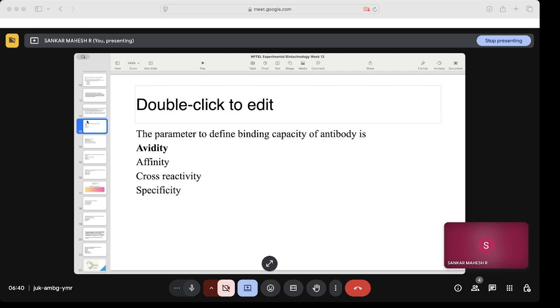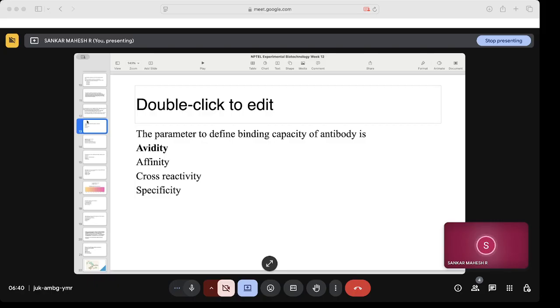On the antigen, you are saying, no, sir? Yes. Different epitopes are there on the antigen, right, sir? How do you define an epitope? An epitope is the smallest unit for which an antibody can be raised, right? Yes, sir.